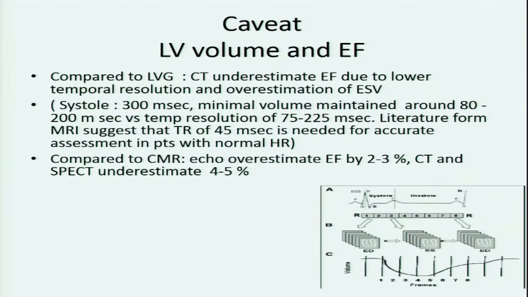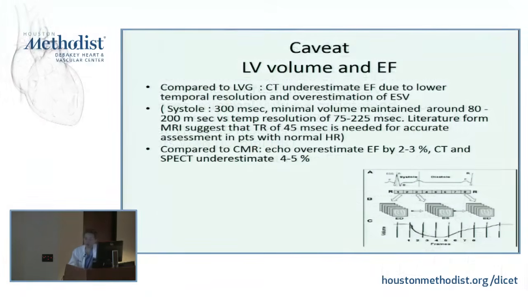So you can tell that we have a problem detecting the true end-systolic and end-diastolic volume. Therefore, ejection fraction tends to be lower by several points compared to CMR. The other caveat is, again, that arrhythmia is still a problem. We cannot do real-time imaging yet, but people are working on that.